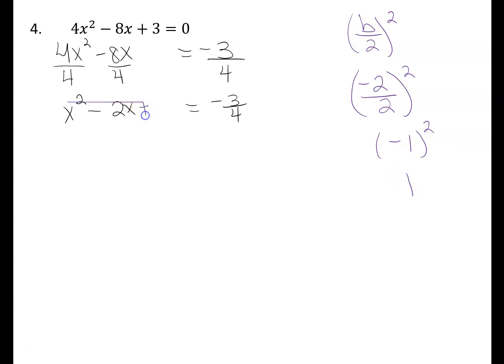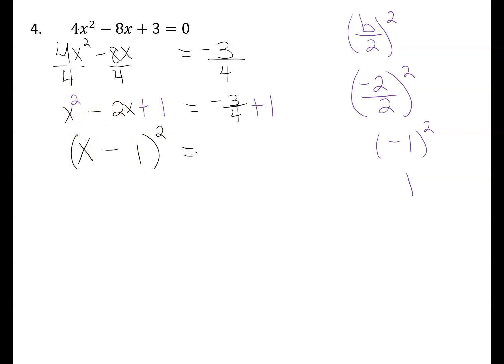So we're going to add 1 to both sides. So we can get rid of that line there, okay. So we have then a perfect square trinomial on the left. Square root of x squared is x, square root of 1 is 1. The sign of b is negative.